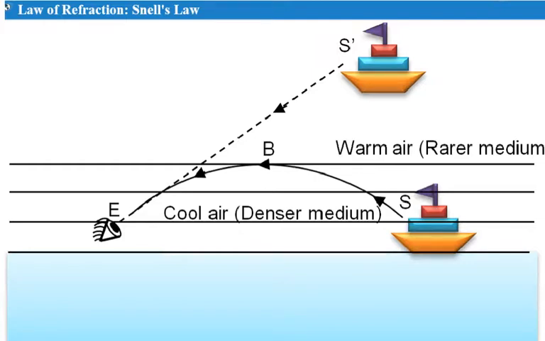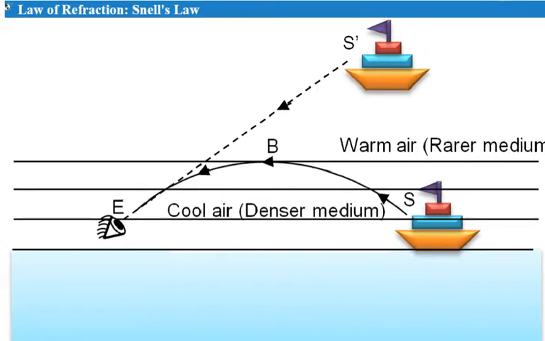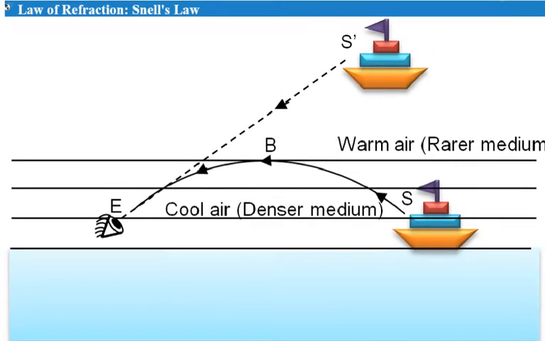Because they have different density on the top and the bottom, the light that is reflecting from the ship actually bends and comes from the direction of the dotted line. And so when your eye sees it coming from this direction, your eye thinks that it's actually coming from over here.